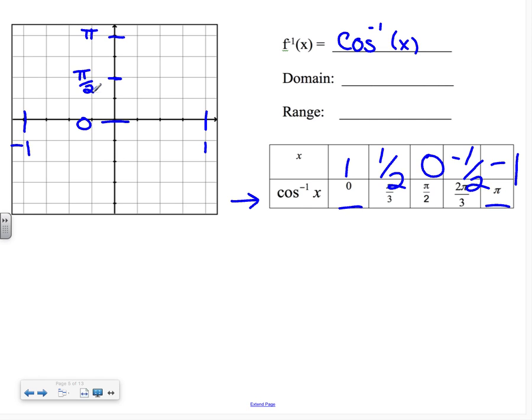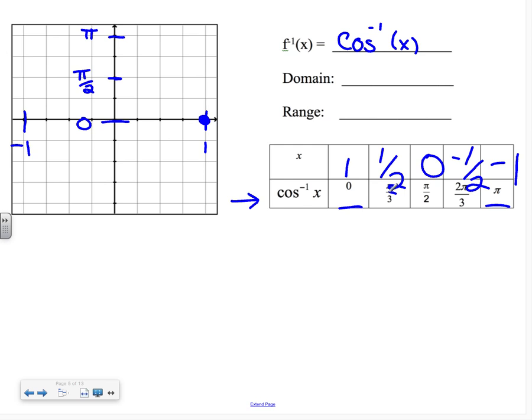All right, so I'm going to start plotting these points. So 1, 0 is right here. 1/2, pi over 3. Pi over 3 is, this is 3/6, so it's like 2/3 of the way up there.